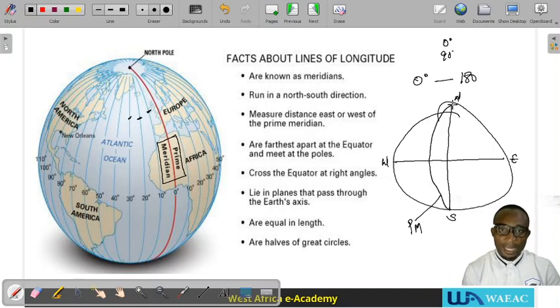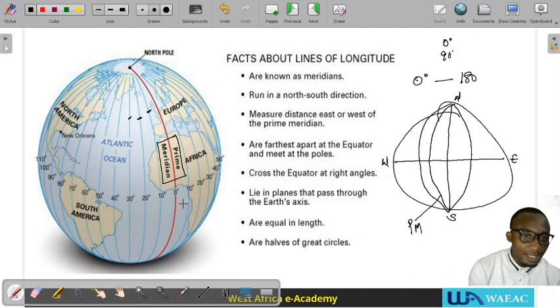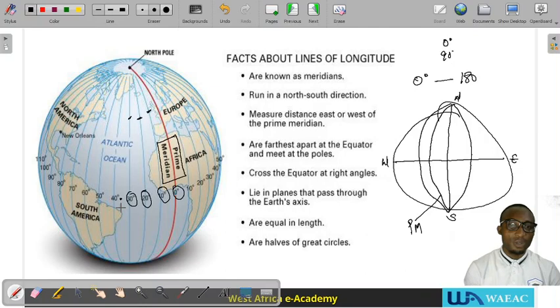After, I can draw another longitude due west, and another one due east. Please kindly take note of that. You can see the interval from 0, which is the prime meridian, the starting point, to 10, to 20, to 30. At this point will be 35, because between 40 and 30 will be 35. So please take note of that.